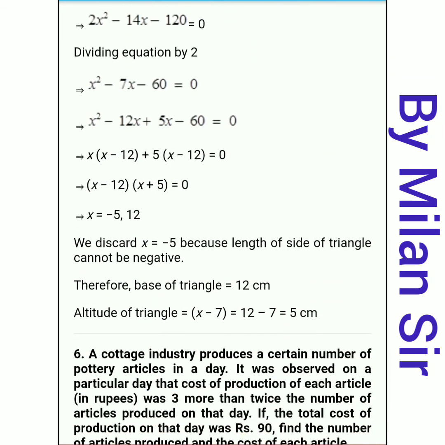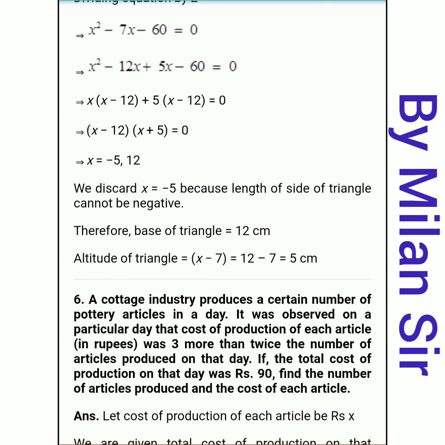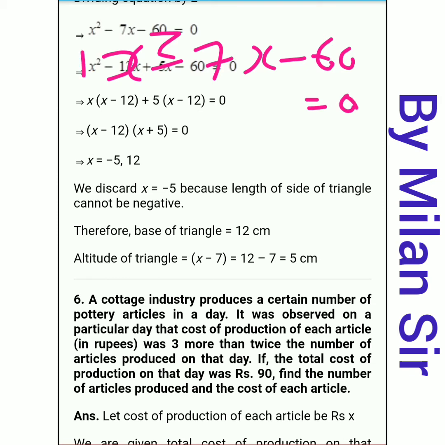Now we need to solve this equation. So here x square minus 7x minus 60, coefficient of x square, nothing is present, so we can write 1. So here 1 and here minus 60, we need to multiply these two numbers. So minus 60 multiply 1, it is minus 60.